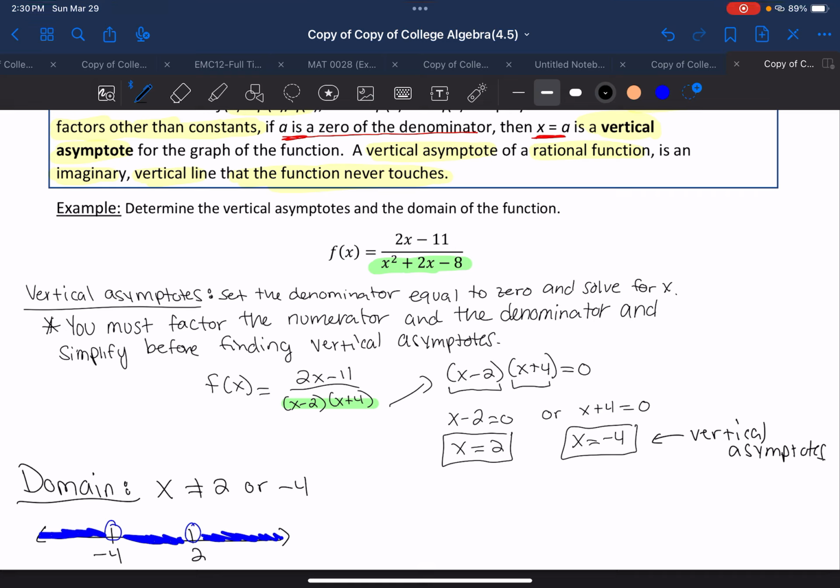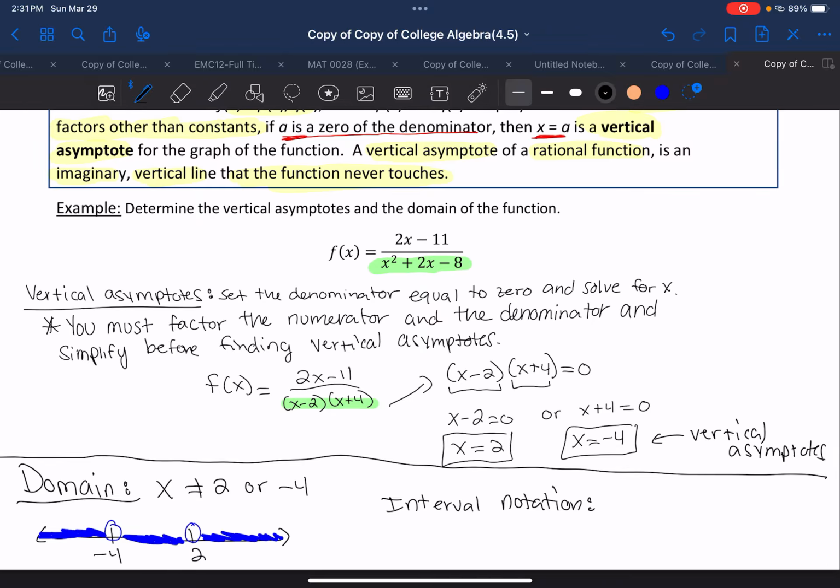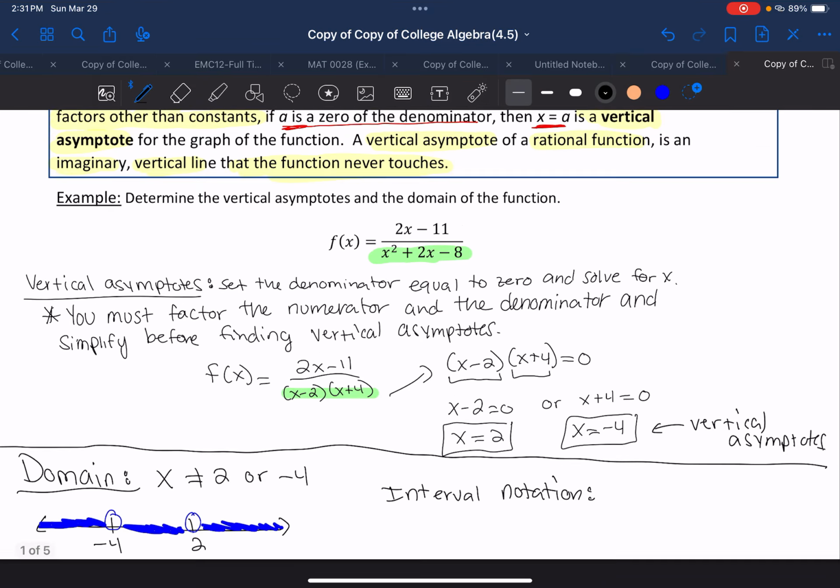So the domain in interval notation would be all three of those intervals on that number line that I have shaded in blue.